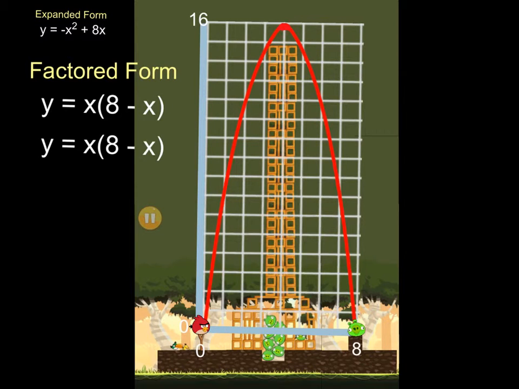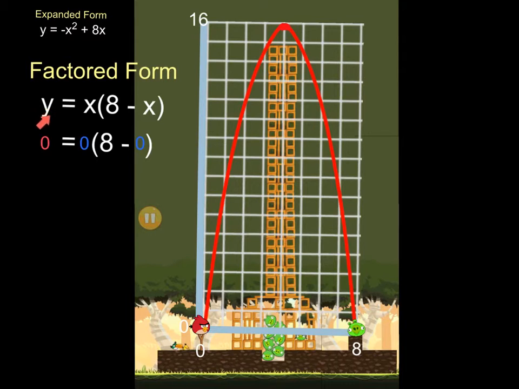It's important to remember that x-intercepts are always sitting on the x-axis, which makes their y-coordinate exactly 0. So that means the x numbers that make the equation, or the y, equal to 0, those would be the locations of the x-intercepts.